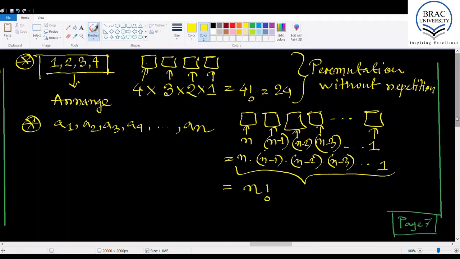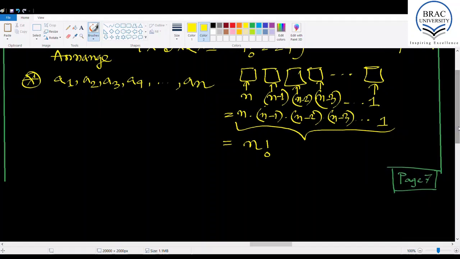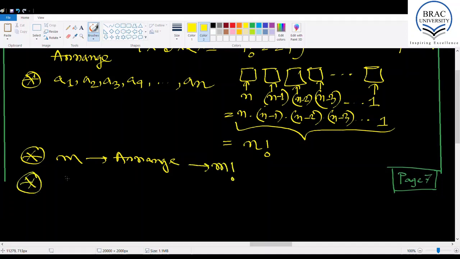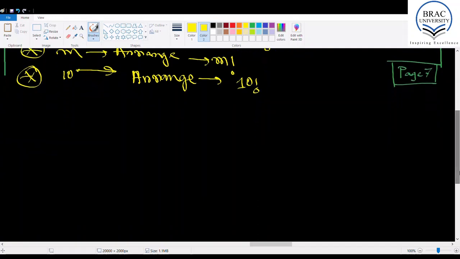So we can answer a simple question from this example: if we are given m elements and we have to arrange all of them, then we can arrange all of these m elements in m factorial ways. So if we have 10 elements and we have to arrange these 10 elements, then how many ways can we arrange them? Yes, 10 factorial.